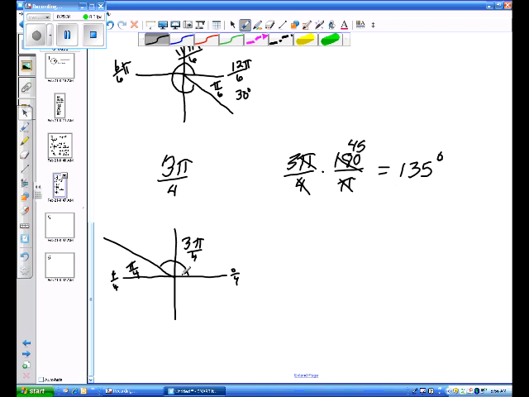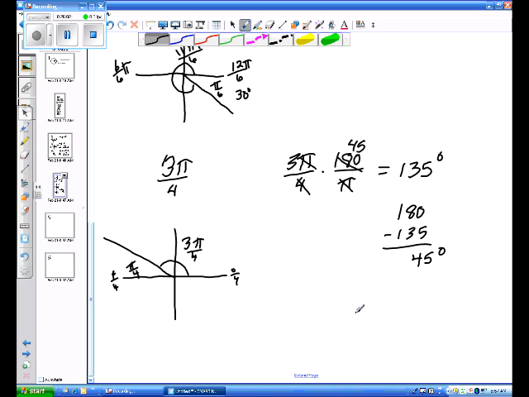Well, to get our reference angle for 135, we would say 180 minus 135, which is 45 degrees. And we're not going to go through all of these, but anytime your denominator is 4, your reference angle is pi over 4, and it's going to be 45 degrees.